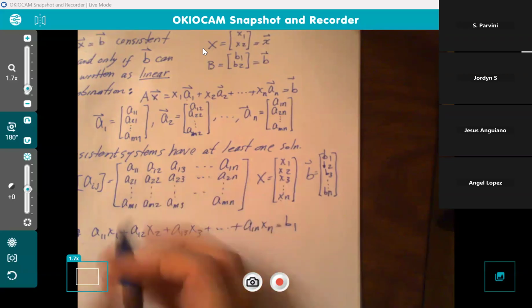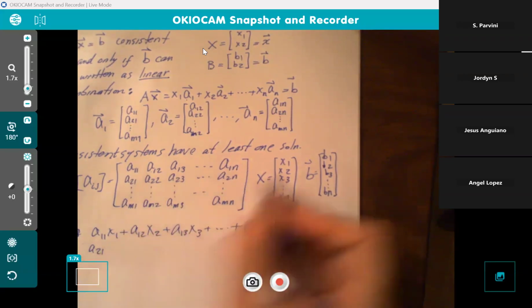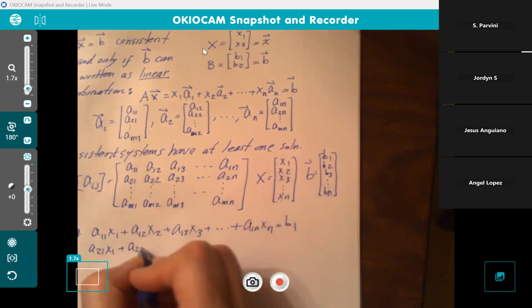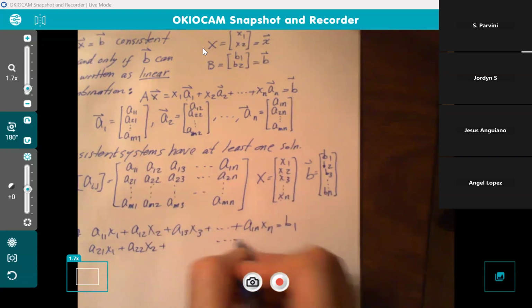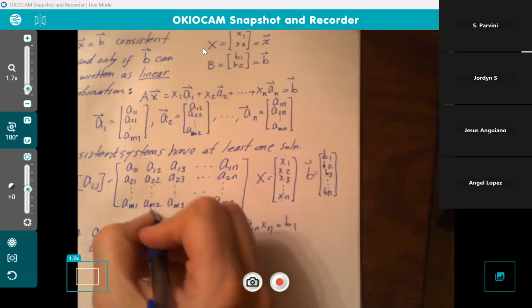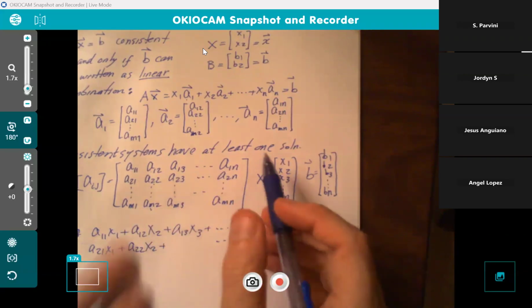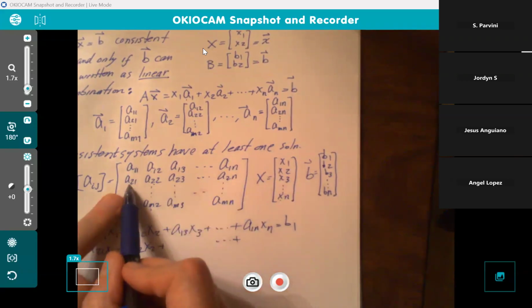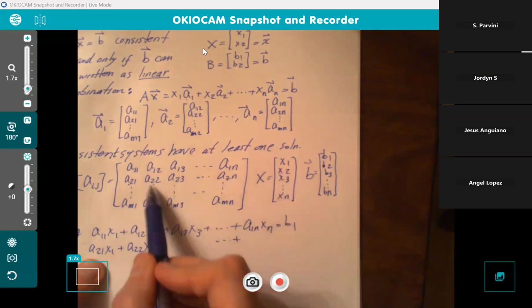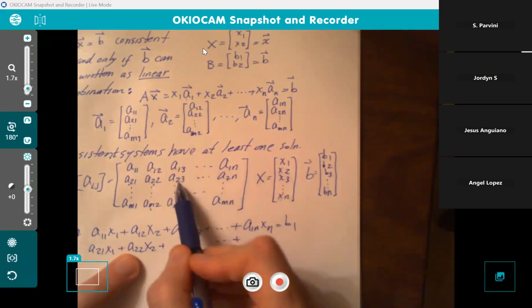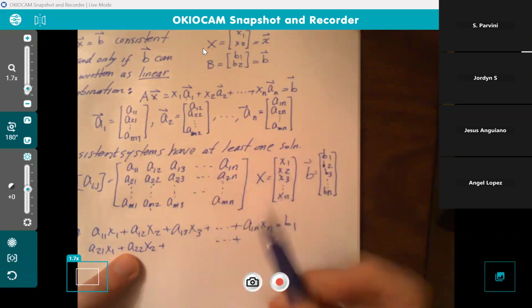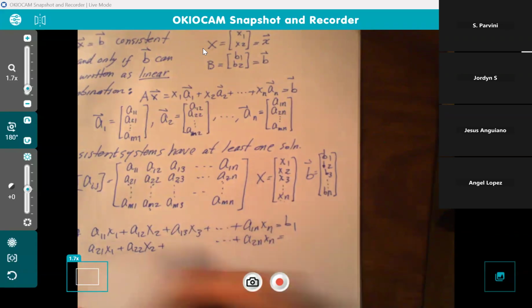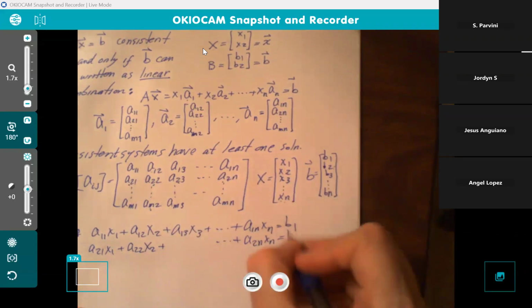So the second row is A21 times x1 plus A22 x2, and so on. See, I'm doing A21 by this, A22 by this, A23 by this, A2n by xn. All of these should add up to B2.